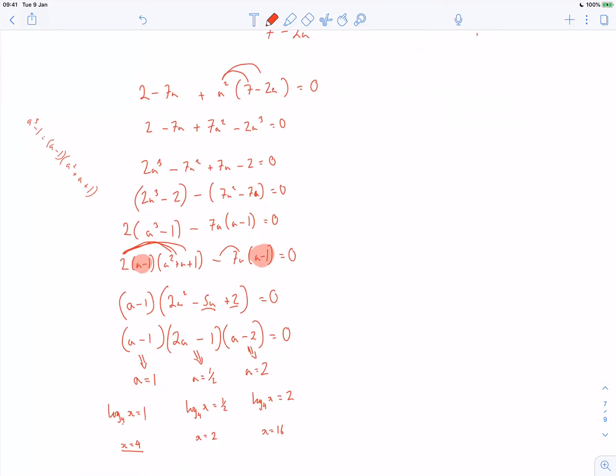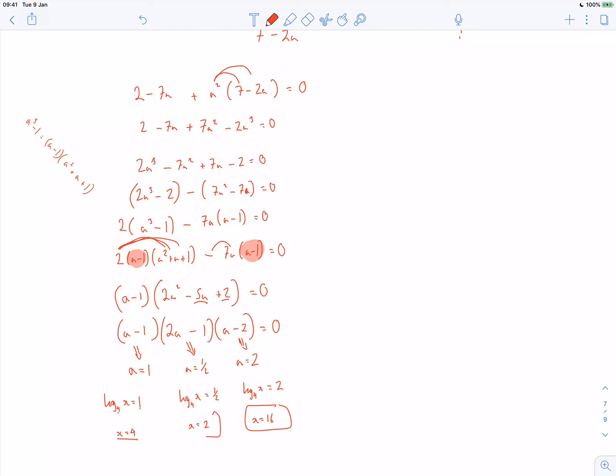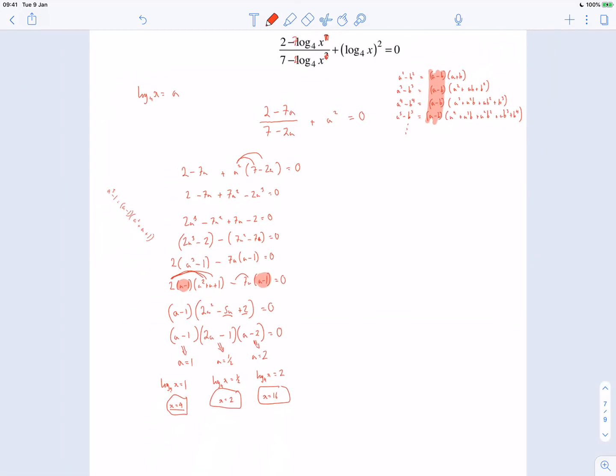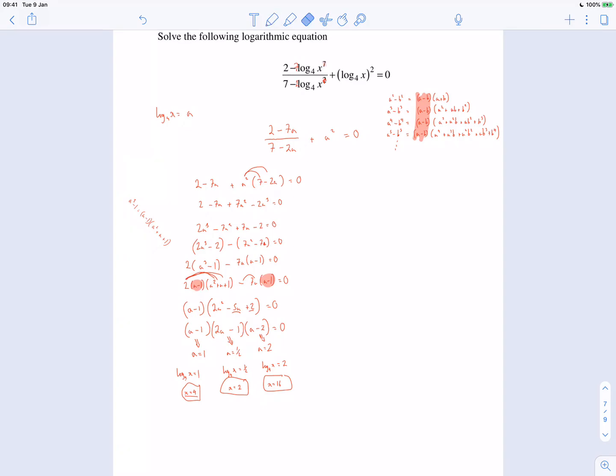Okay, now to check these aren't extraneous, let's substitute these back in and see if we've got the right idea. So, right, where are we? Let's get rid of these. Okay, now the only thing to be careful of is, are we going to be dividing by 0 here at any point in time?